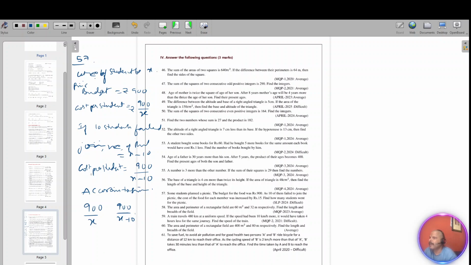That means for this original one, 15 rupees is increased. Plus 15 is equal to 900 by x minus 10.